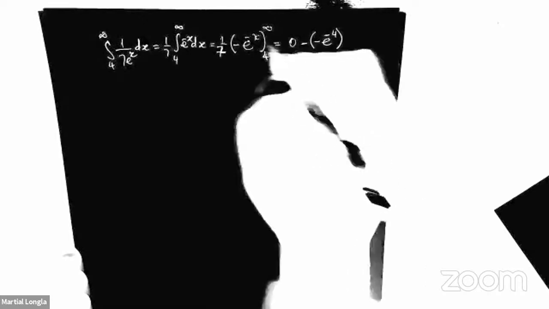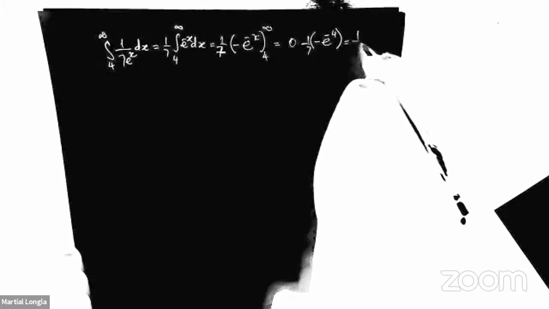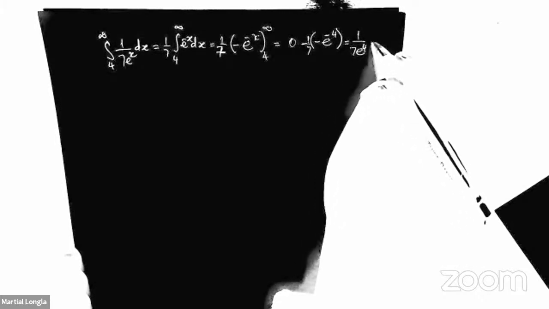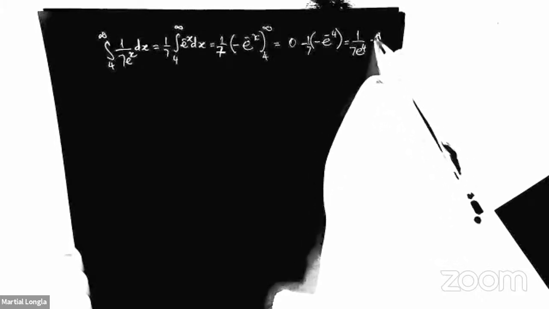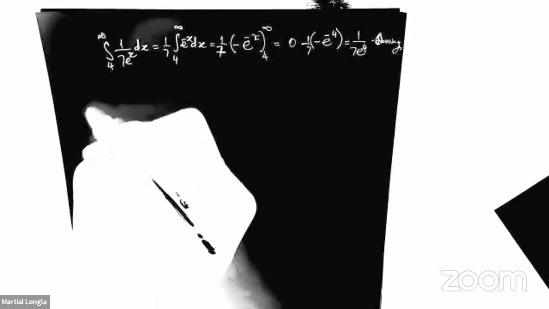And then when you're checking infinity here, it's like plugging in for the limit when x goes to infinity of e to negative x. e to negative x when x goes to infinity, that's 0. Minus, and then you got minus e to negative 4, and then the 1/7. So here it's 1 over 7 e to the 4th, which is saying that the integral converges.